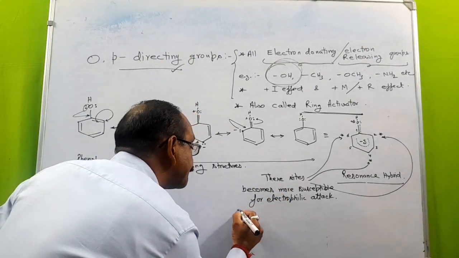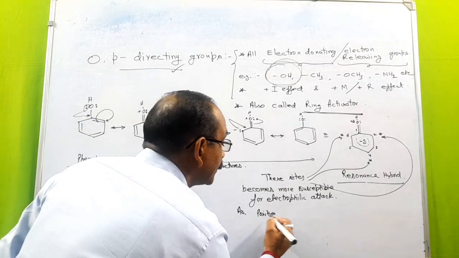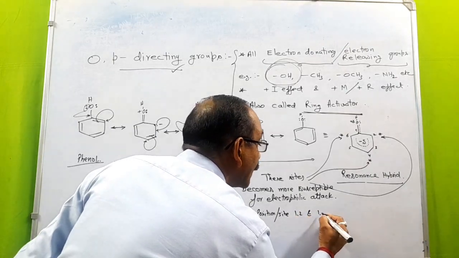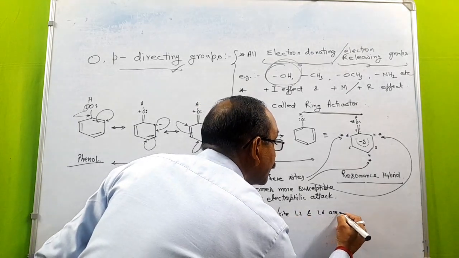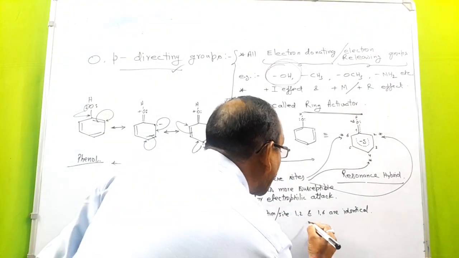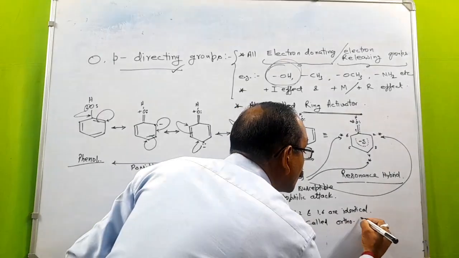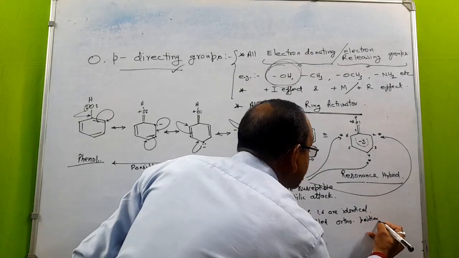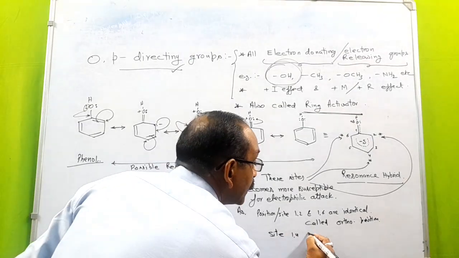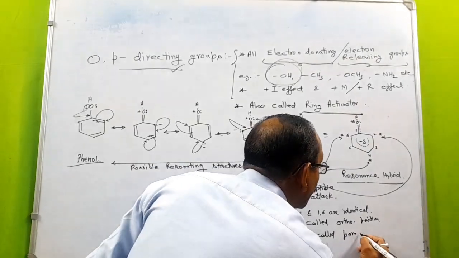And as we know, the position, or you can say the site 1, 2 and 1, 6, they are identical. This was already discussed in the previous video, and this is called the ortho position. And similarly, the site 1, 4 is called the para position.